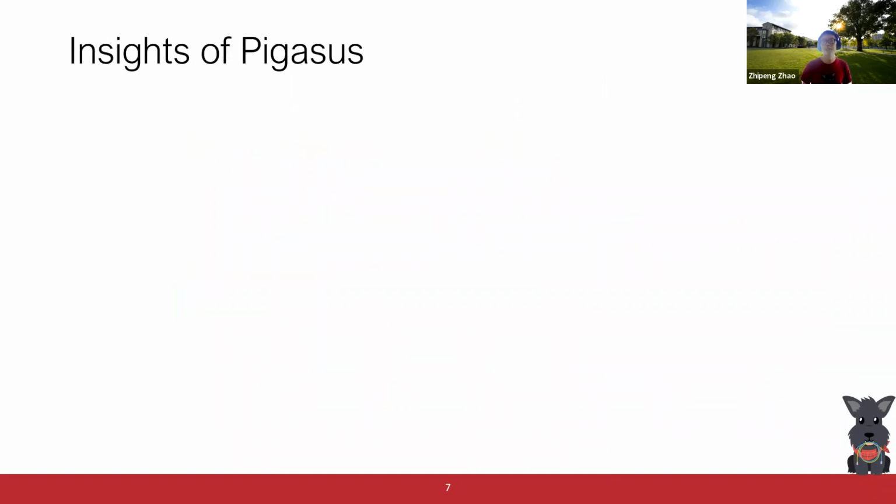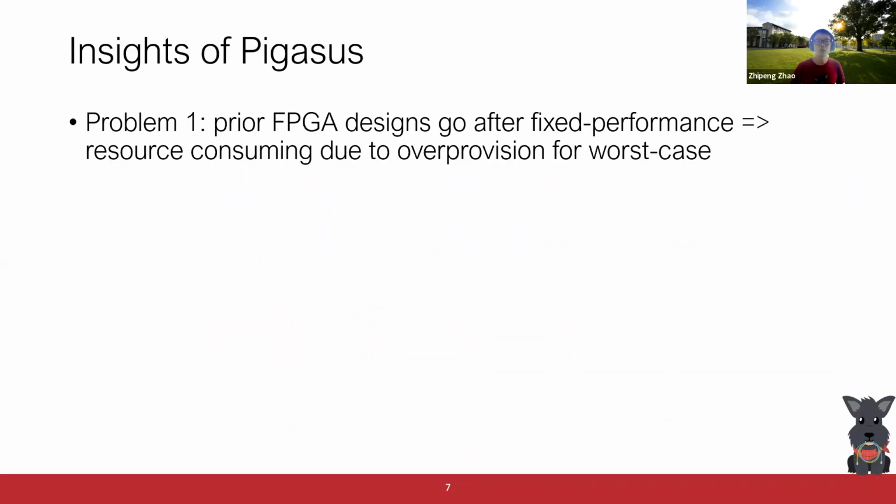So what's the secret sauce behind Pigasus? Let me start with the missing opportunities of prior work. There has been a lot of work using FPGAs to accelerate intrusion detection systems, but most of them look at particular tasks. And these tasks are usually implemented in a fixed performance way, where they over-provision for the worst case traffic.